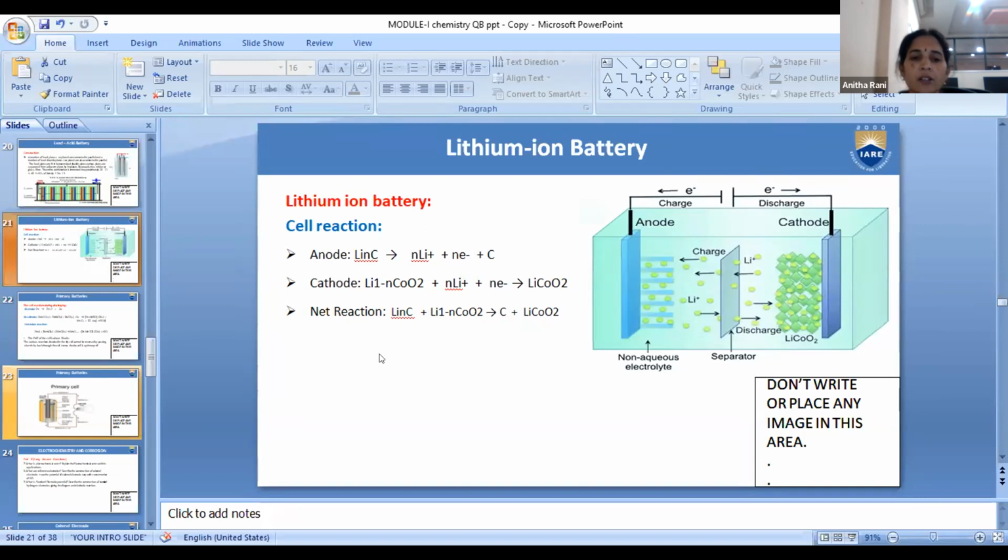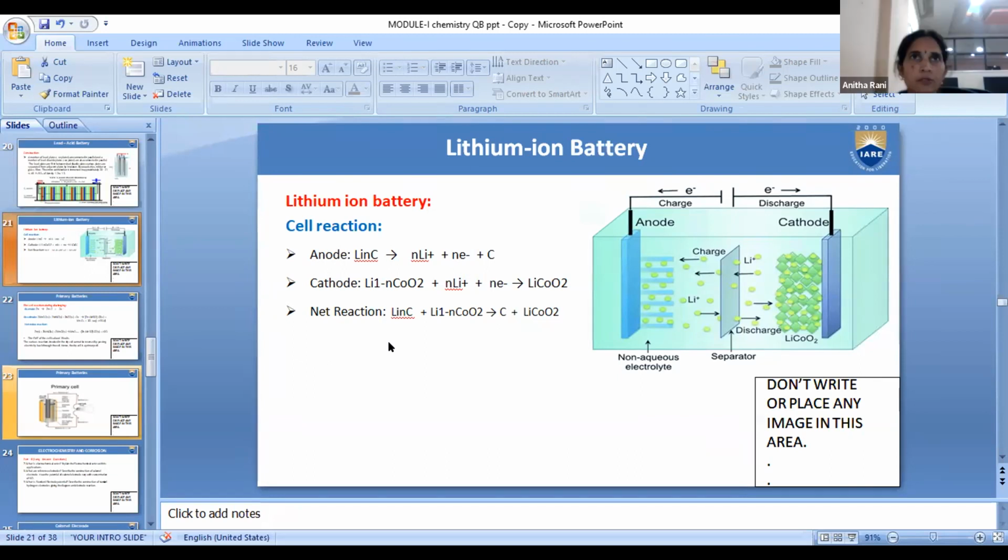During discharging, the lithium ions move from anode to cathode.